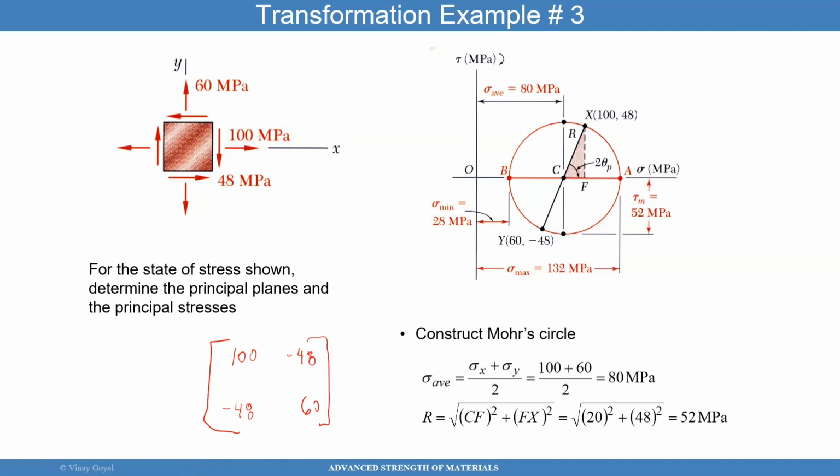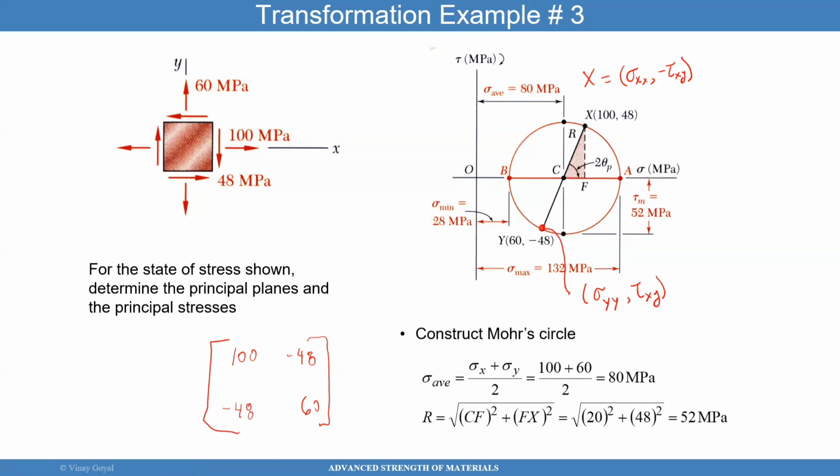Basically, we discussed this before. First, one thing you can do is plot the points where X and Y go. As discussed before, X is always going to be located at sigma xx, comma, minus tau xy, while Y will always be located at sigma yy, comma, tau xy, always.